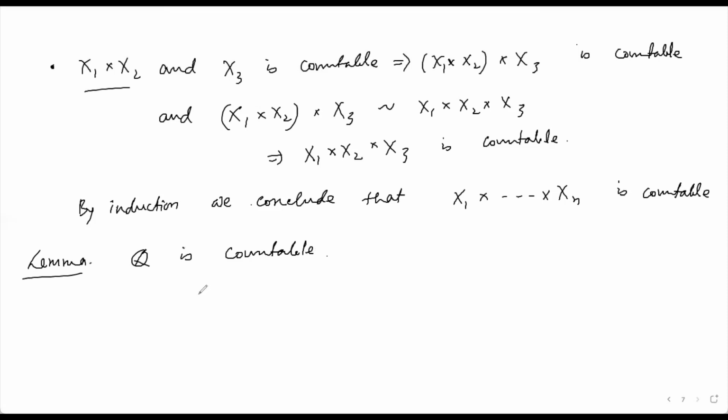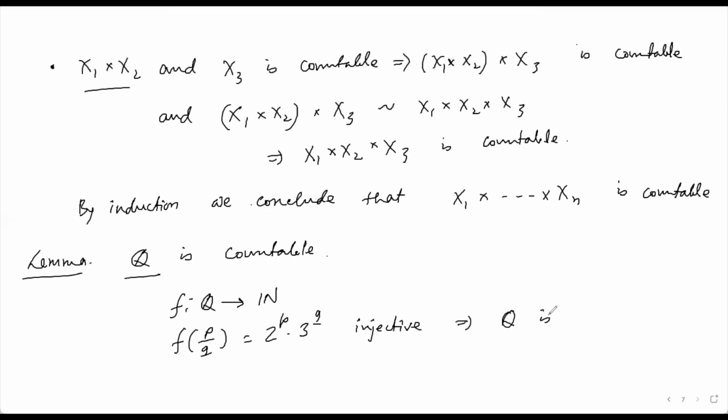First of all, Q is an infinite set, and we have an injective function from Q to the set of all naturals defined by f of p over q equal to 2 power p times 3 power q. So this is an injective function, which implies Q is countable.